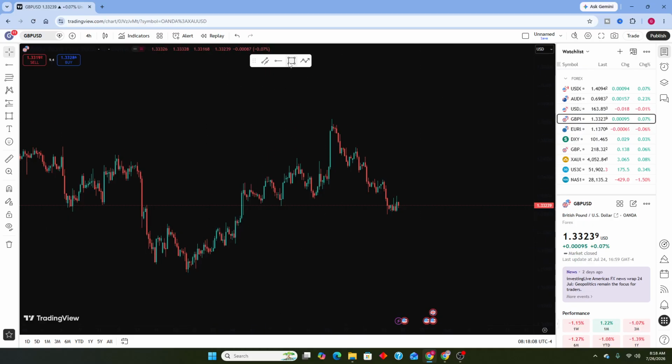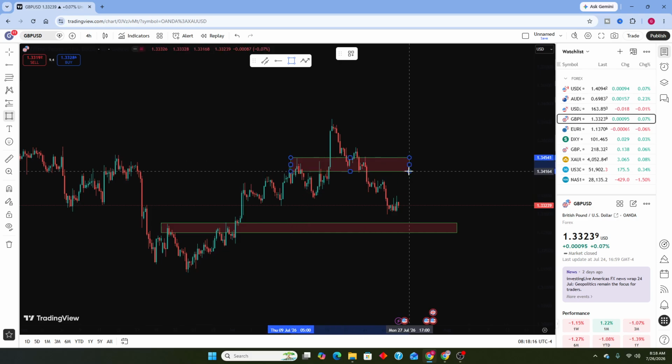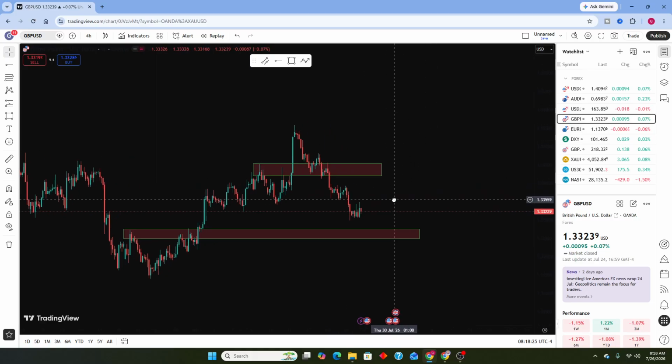So we drew something here. We drew something here. So now, as it currently stands, we're looking for this to go down or hit this area and come up.